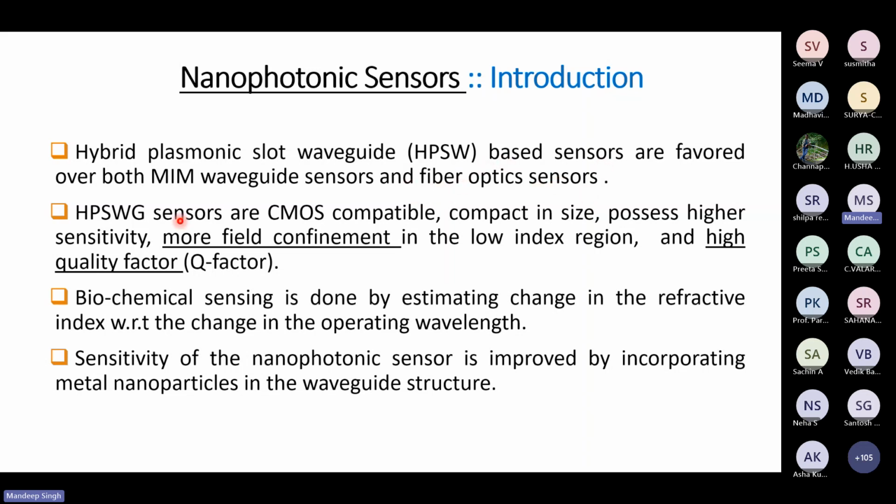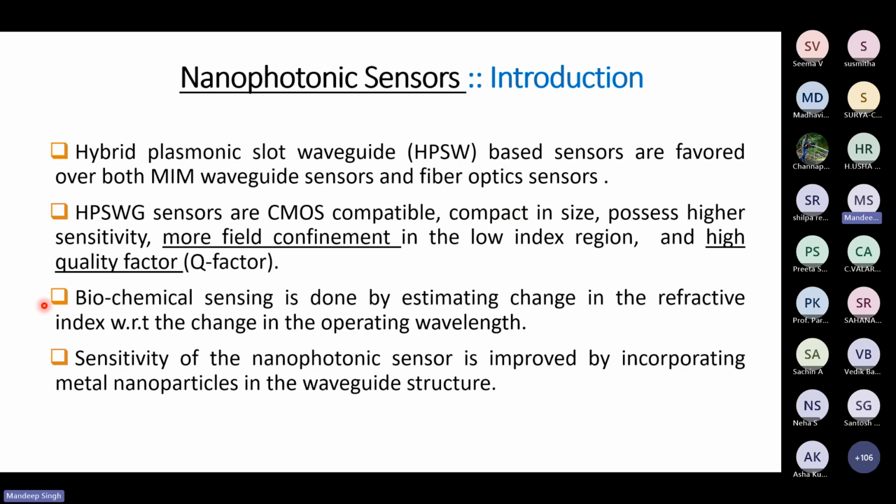The next advantage is that it is CMOS compatible, compact in size, possesses higher sensitivity, more field confinement in the low index slot region, and supports a high Q factor. The quality factor of such sensors is far better than simple MIM waveguide sensors.